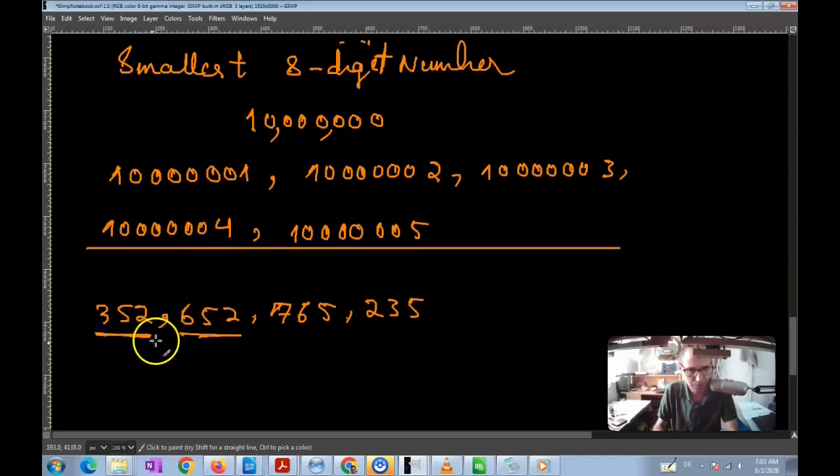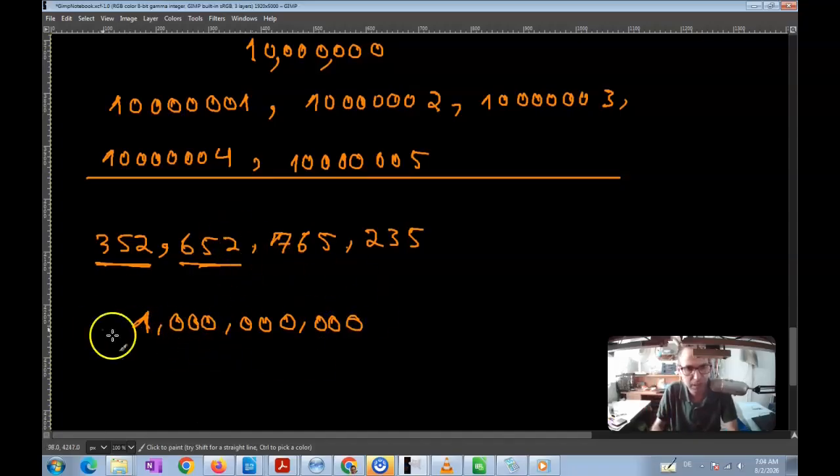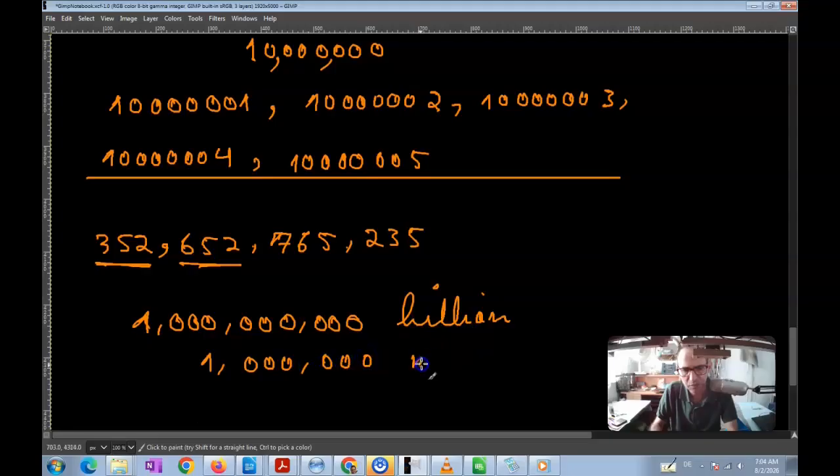Because a billion is 1 and 9 zeros in front of it. So that is 1 billion. And 1 million would be a 1 and 6 zeros in front of it.